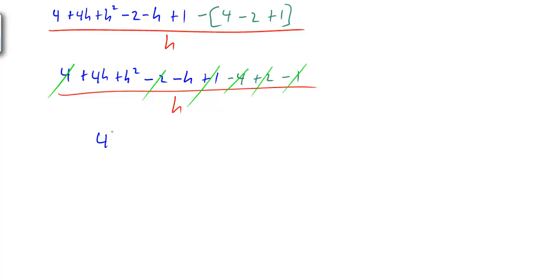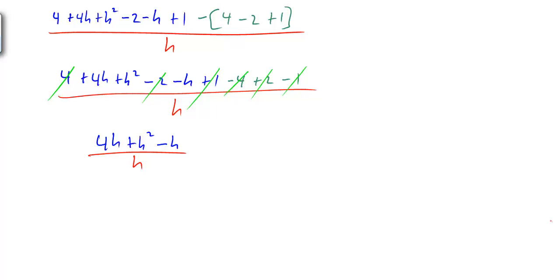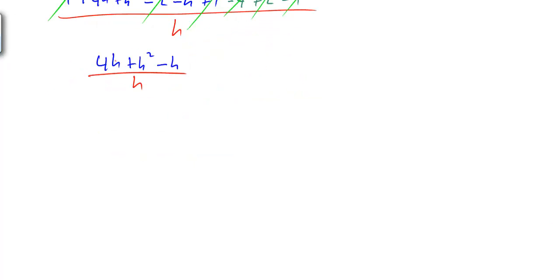So then we can bring down 4h plus h squared minus h, all divided by h. Okay? And here we could have actually combined 4h minus h would be 3h plus h squared.